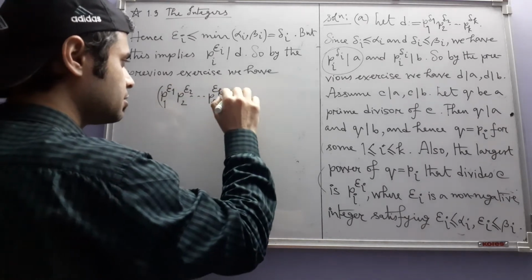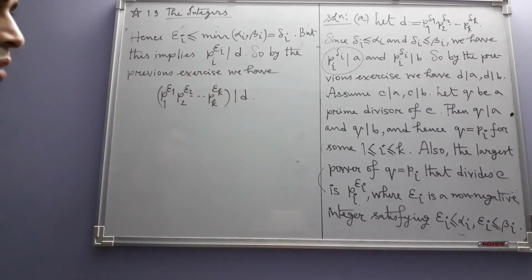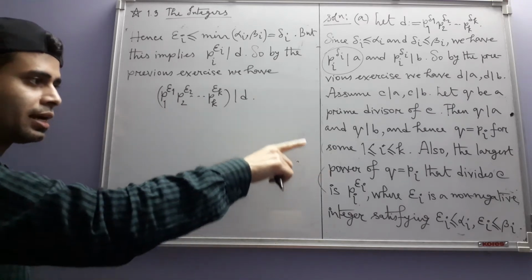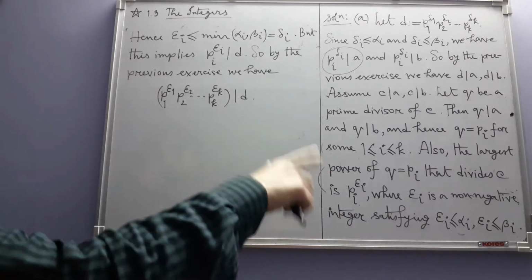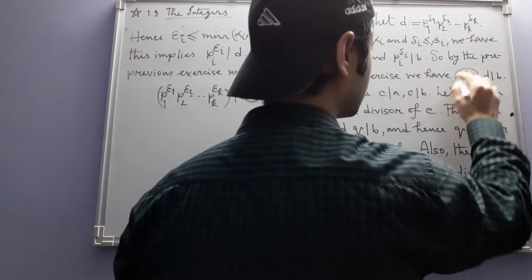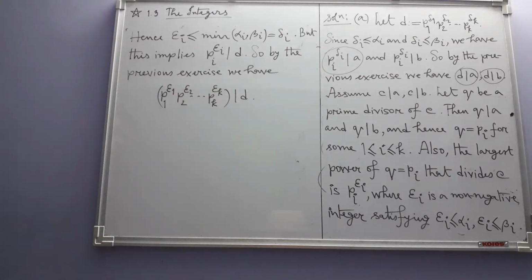This divides D. Now you know how this follows from the previous exercise. It follows in the same way as the other thing followed before this, right? How we get these two conditions from these relations. That's how this thing follows.